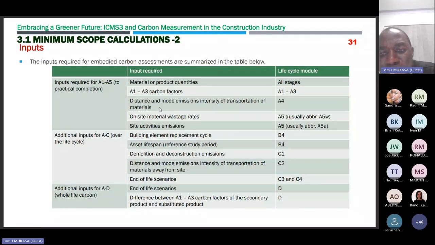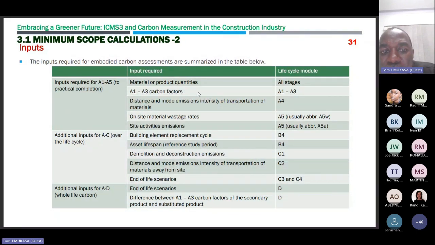I think we saw this with Joe. I'm not going to say much. Just know that A1 to A3 are normally products from factories, so there's nothing much you can do about them apart from getting them from good, sustainable sources, okay? Then A4 and A5 are the ones on site.